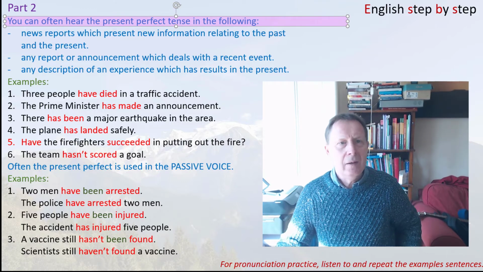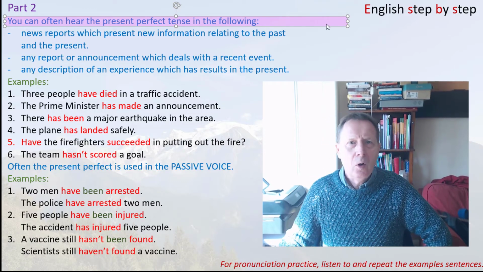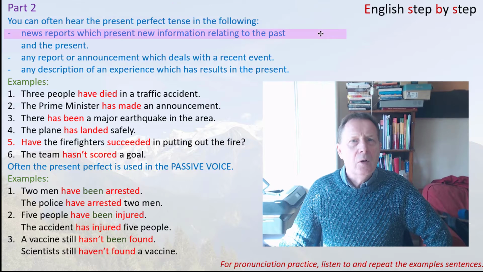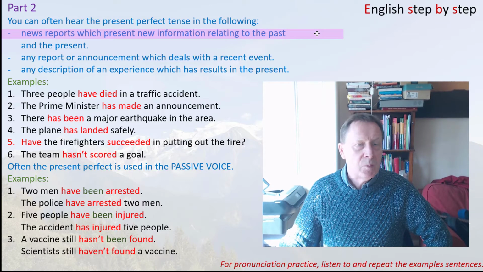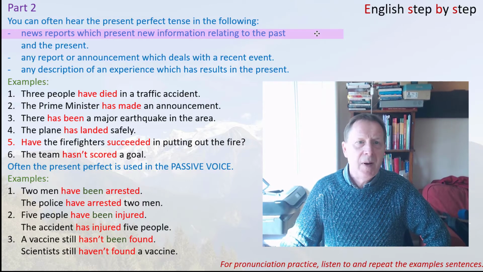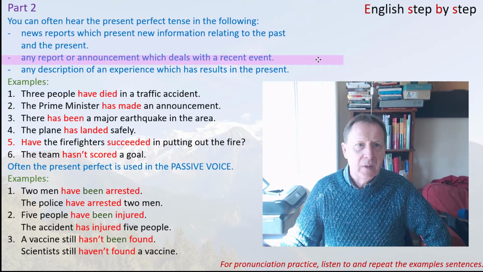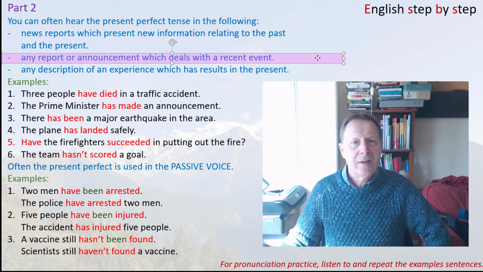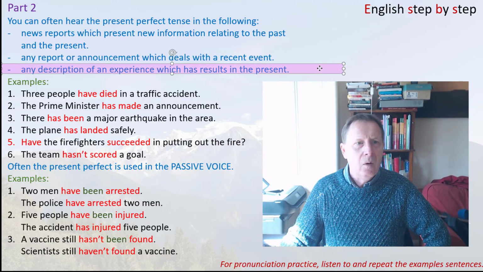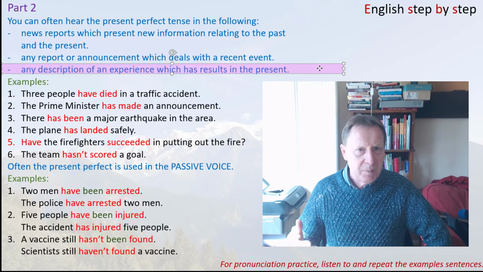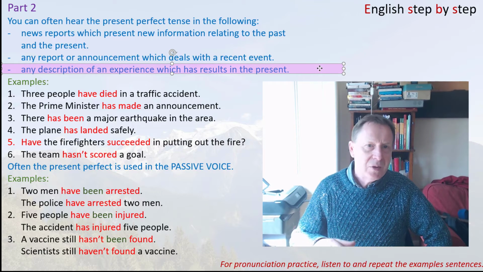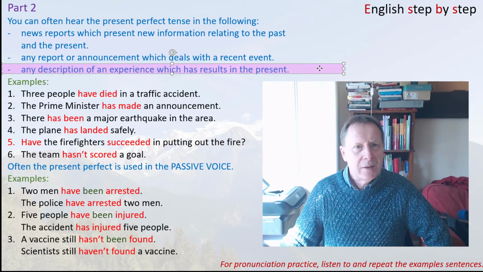You can often hear the present perfect tense in the following: news reports which present new information relating to the past and the present; any report or announcement which deals with a recent event; or any description of an experience in the past which has a result in the present.